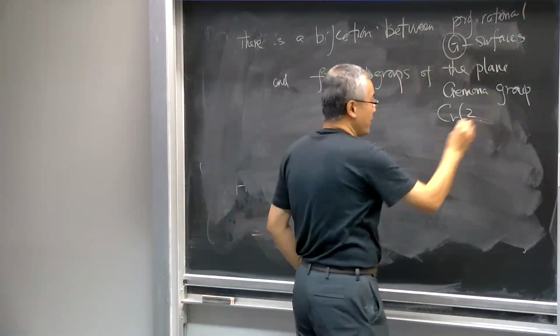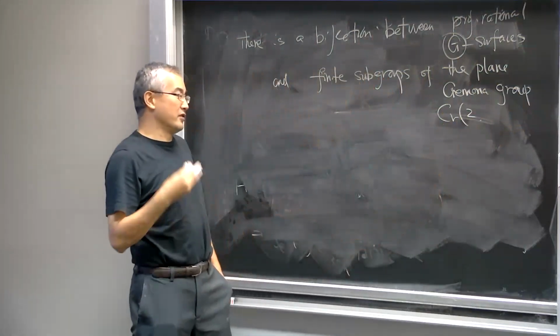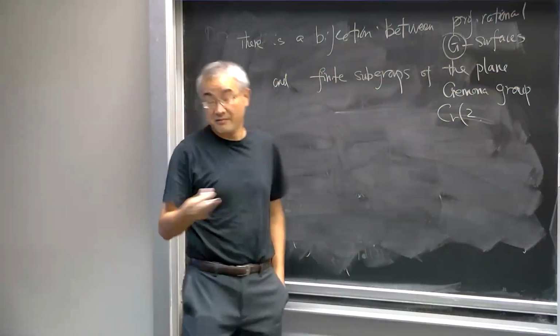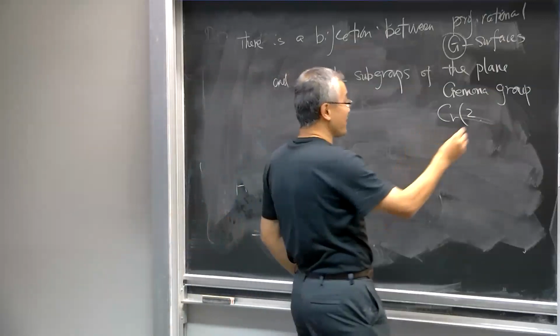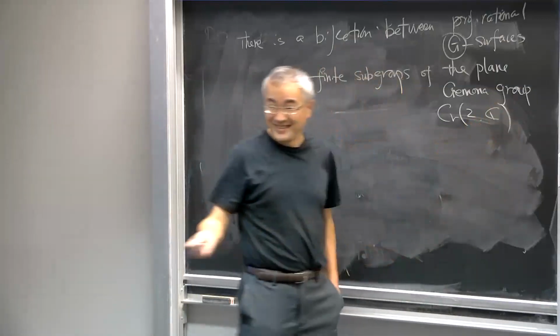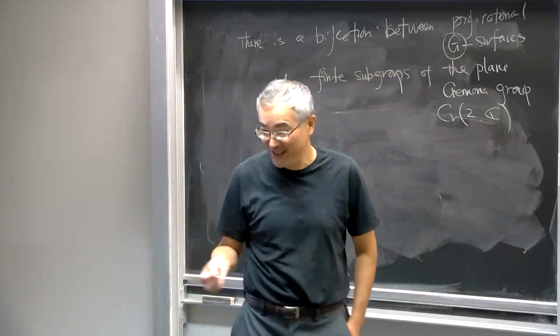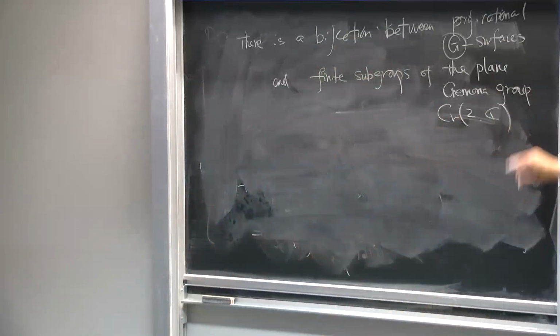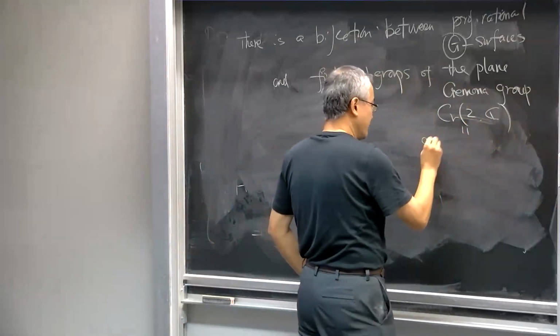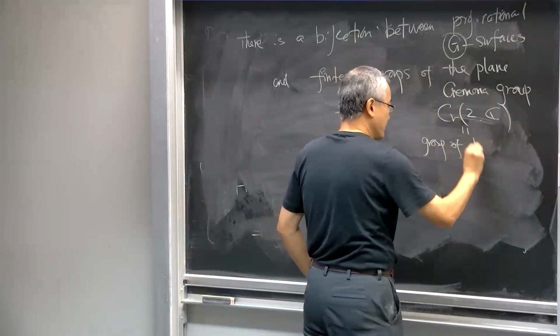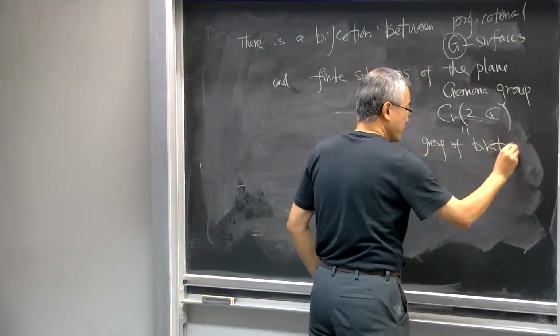And here they work with an algebraic closed field. But since I'm working just with geometries, I just picked it to be C. Okay, so this is the group of birational maps.